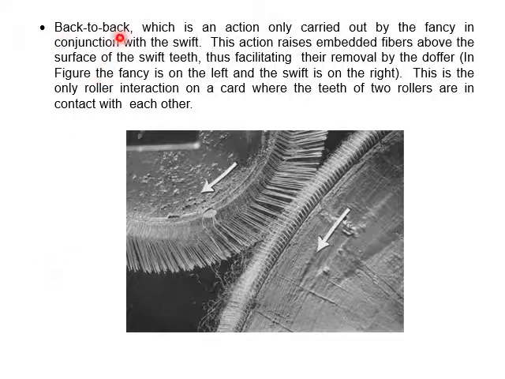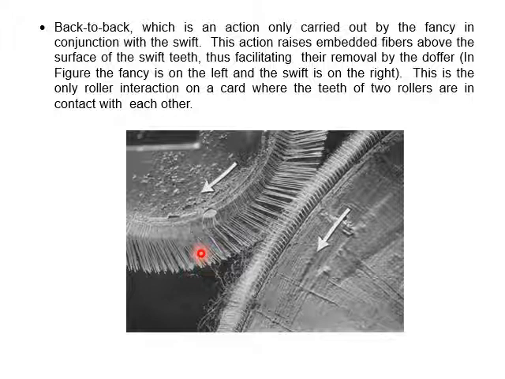Now back to back carding action. This is the third category. It is a type of action only carried out by the fancy in conjunction with the swift. So remember the first schematic diagram where one single section of carding is displayed, where there is a fancy roller between the worker and the doffer.